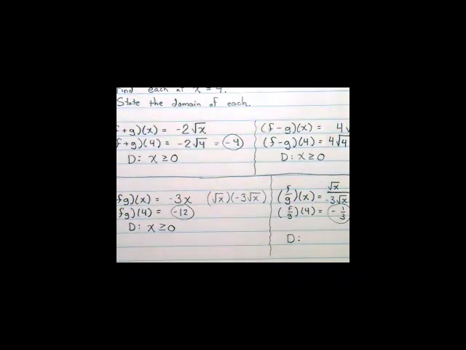So go back to before you simplified. What numbers can I plug into this? Okay, so x greater than or equal to 0 again because we have square roots in there. But when I'm doing division, I have to do one little change to that.